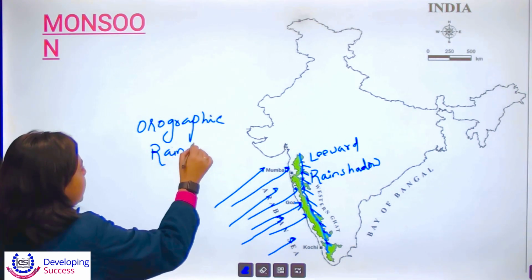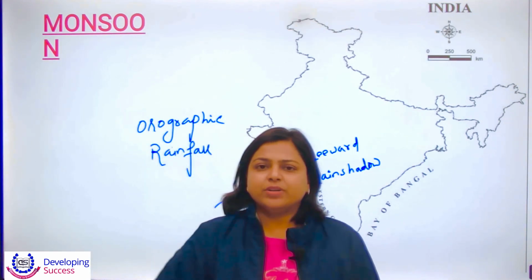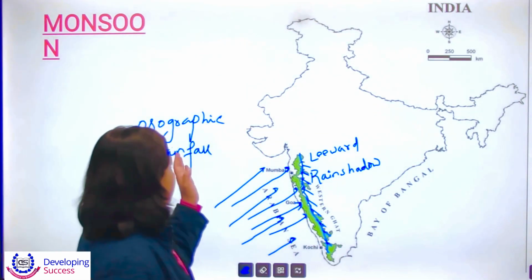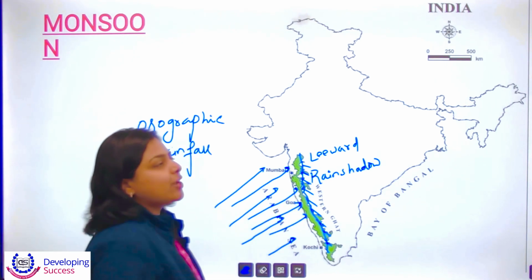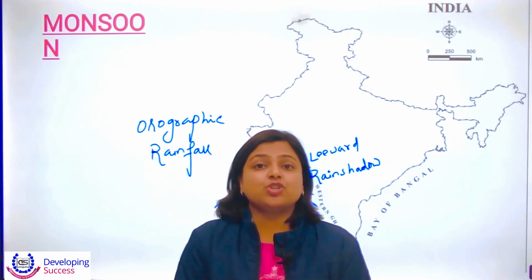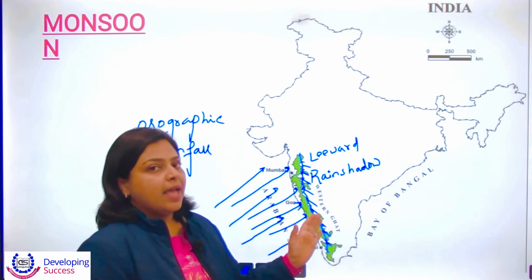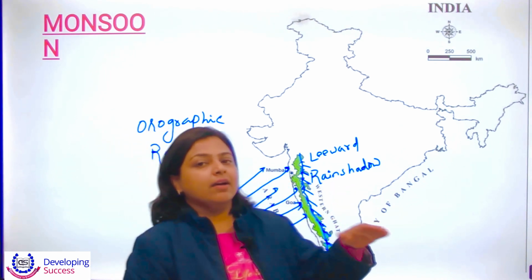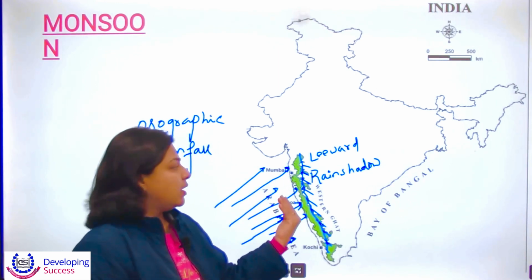You must have studied in the rainfall chapter of physical geography that we have 3-4 types of rainfall, and one of them is orographic rainfall. Orographic rainfall happens when the moisture-laden monsoon winds are obstructed by hills, and the leeward side does not get as much rainfall as the coastal side.